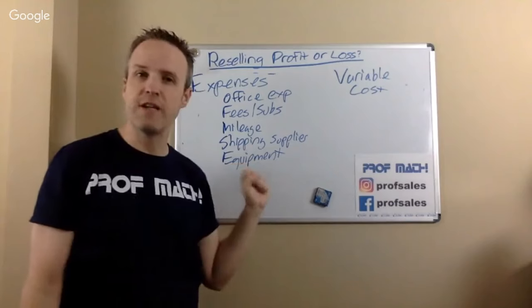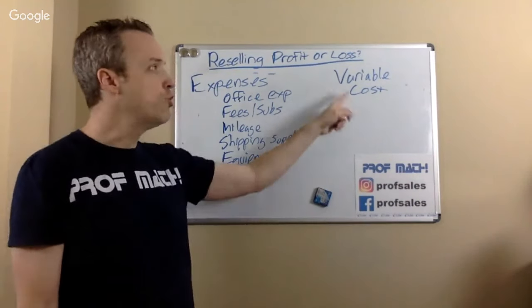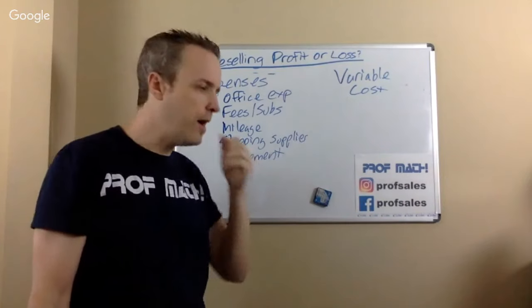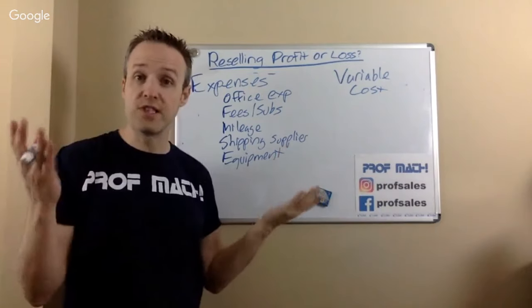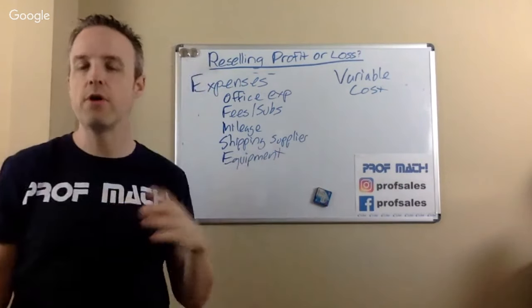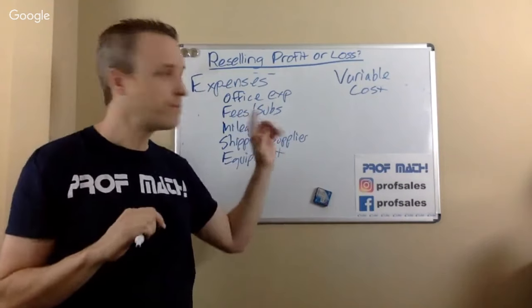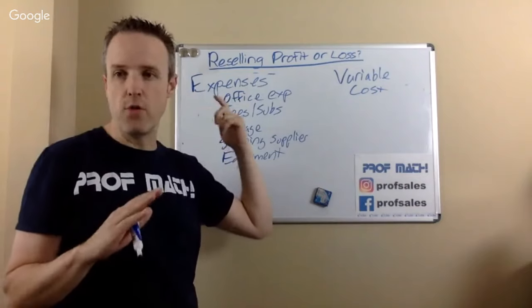Equipment, you might be able to find cheaper or even free equipment in some cases, or just use things a lot longer. It's a variable cost. It's kind of like your food bill. In your personal life, you can control to some degree how much you spend on food by whether you eat out, whether you buy cheaper, what have you. And you could even track this as a percentage versus that revenue if you want.